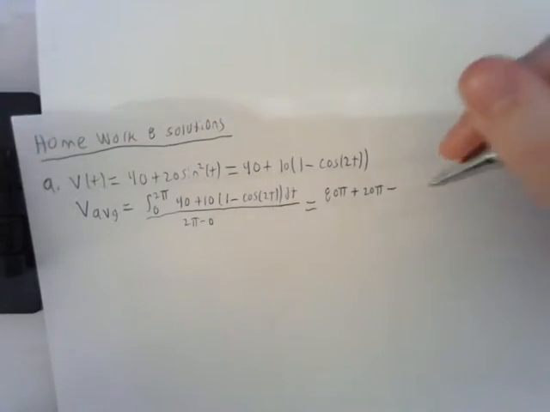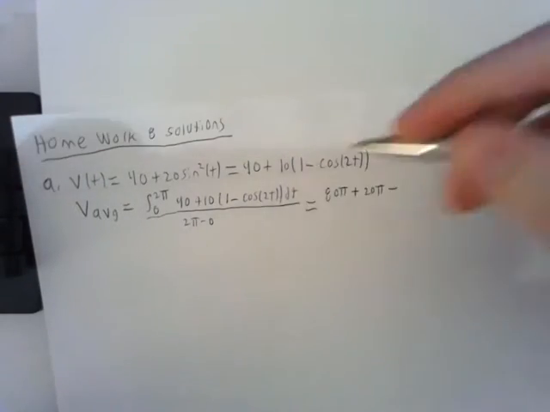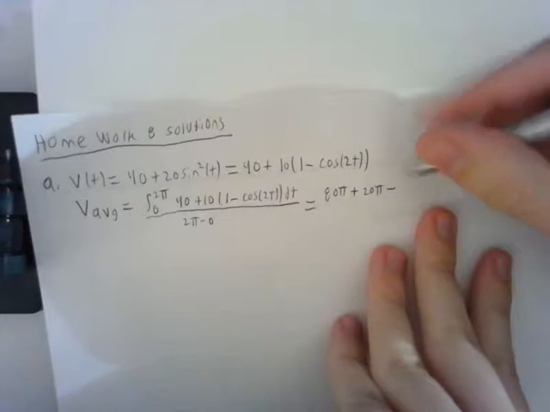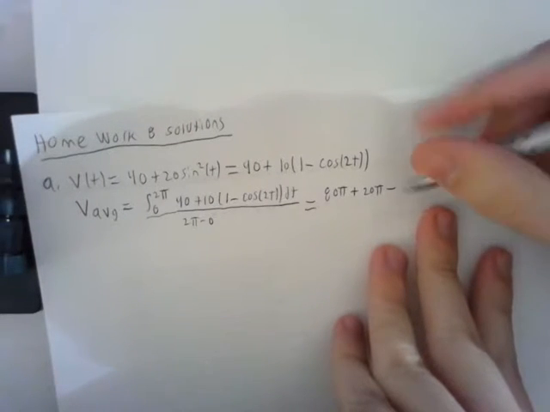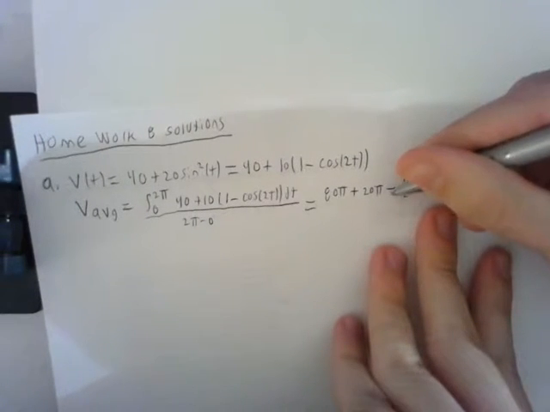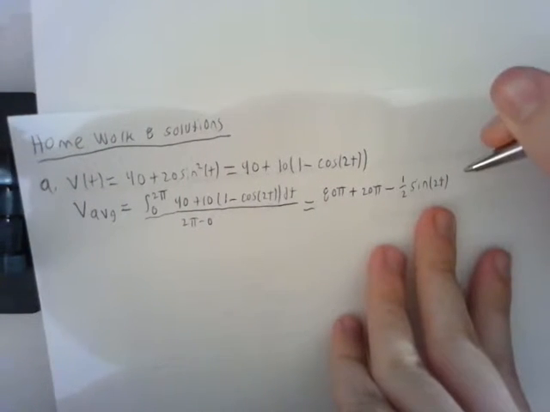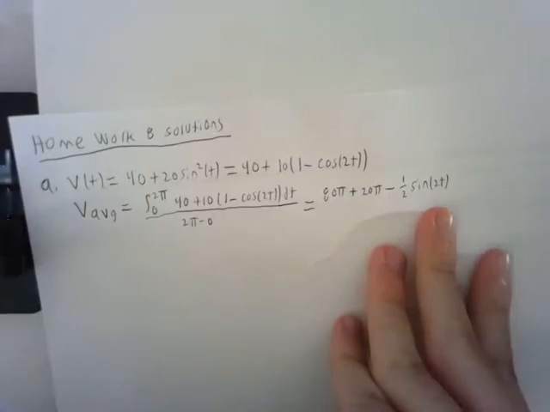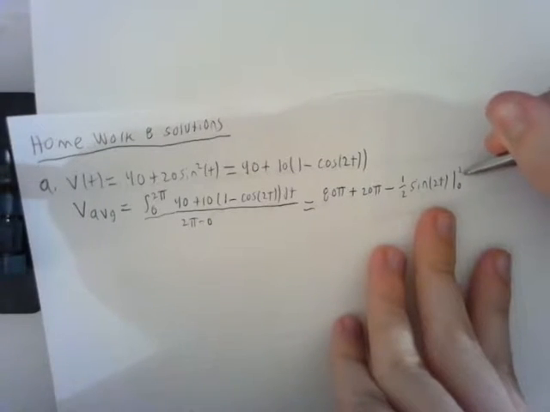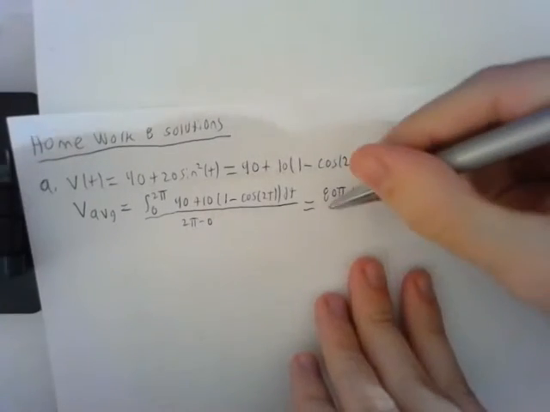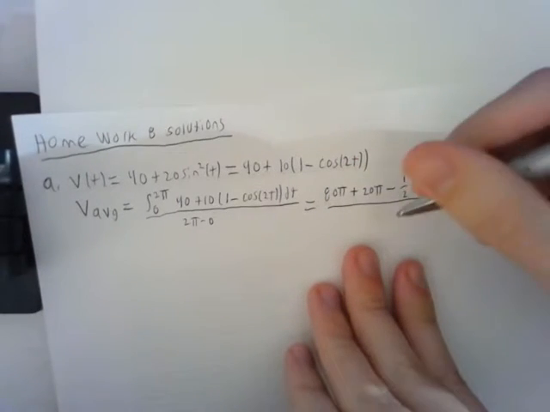Then minus the integral from 0 to 2 pi of cosine 2t. The antiderivative of negative cosine is a negative 1/2 sine. And we evaluate this from 0 to 2 pi. Then we divide by 2 pi.